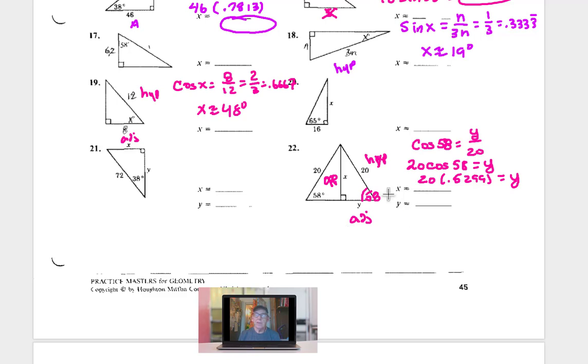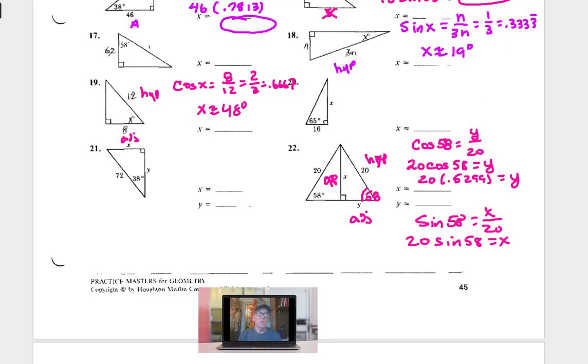Now to find the x, we're going to think about the x as being the opposite with the hypotenuse. That's going to be a sine problem. Sine 58 is equal to x over 20. So 20 times the sine of 58 is going to be x.